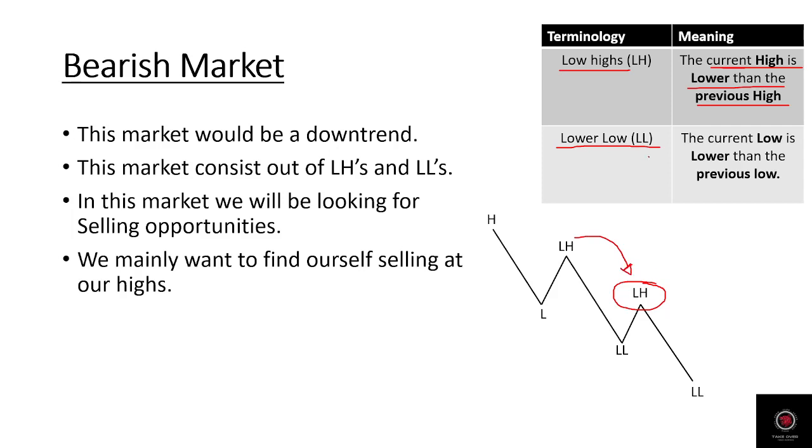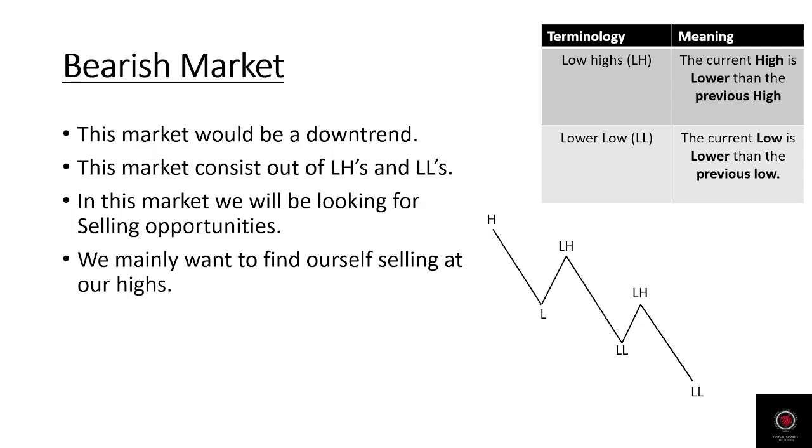Let's look at the lower lows. The current low is lower than the previous low. Can you see over here as well? This low is lower than the previous low, making it a lower low. Crucial: keep it simple. Now let's look at the criteria of an actual bear market.